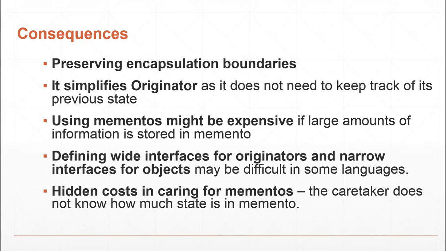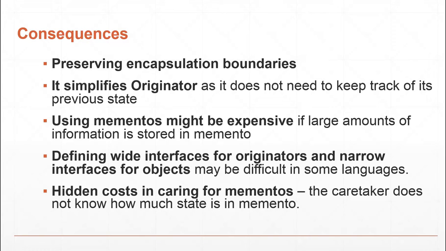So the consequences. This pattern preserves encapsulation boundaries, as the external object doesn't know the current state of the object. It simplifies the originator because the originator does not need to keep track of its previous state.